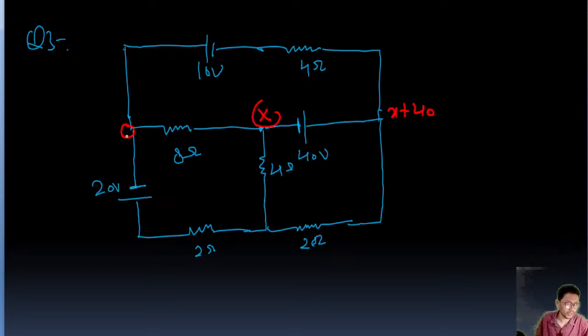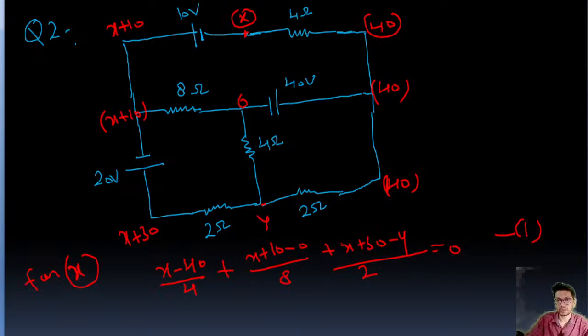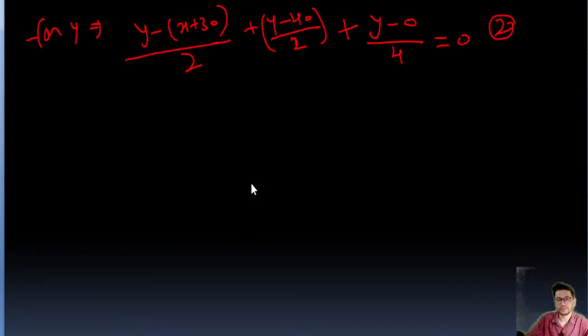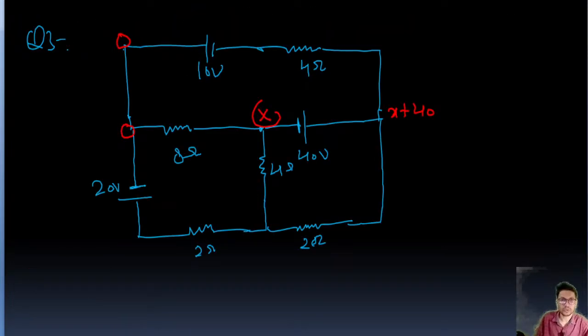We can choose 0 at any point, as in the previous question I have shown, previous to previous question, where we chose 0 at this point. So this is 0.